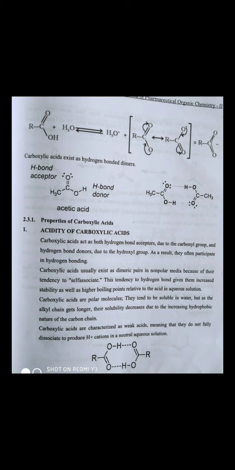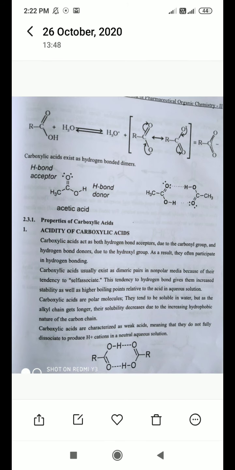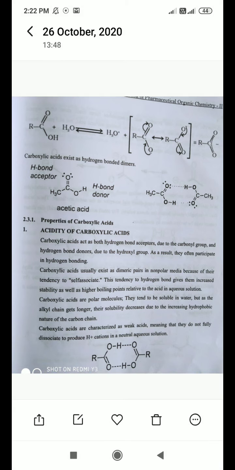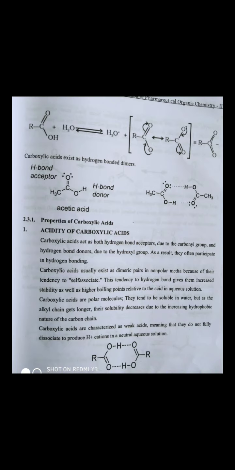So the H plus from that hydroxyl group is removed as H plus, which means it also acts like an H plus donor.